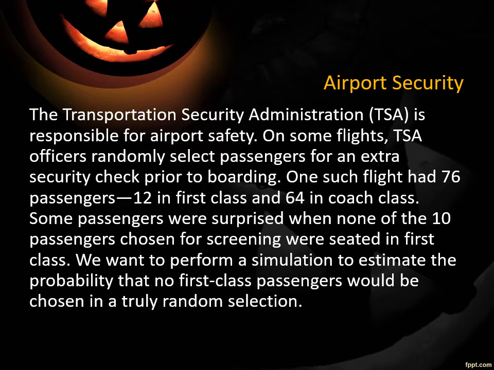One such flight had 76 passengers, 12 in first class and 64 in coach. Some passengers were surprised that none of the 10 passengers chosen for screening were seated in first class. We want to perform a simulation to estimate the probability that no first-class passengers would be chosen in a truly random selection. So basically, we're questioning the TSA and we want to know what is the likelihood of getting 0 first class out of 10 passengers.